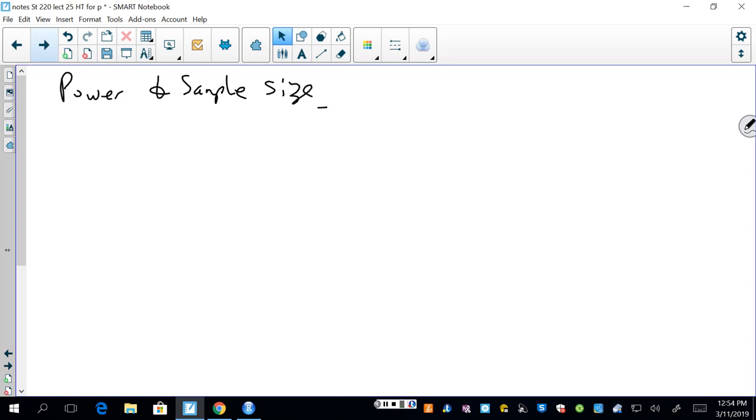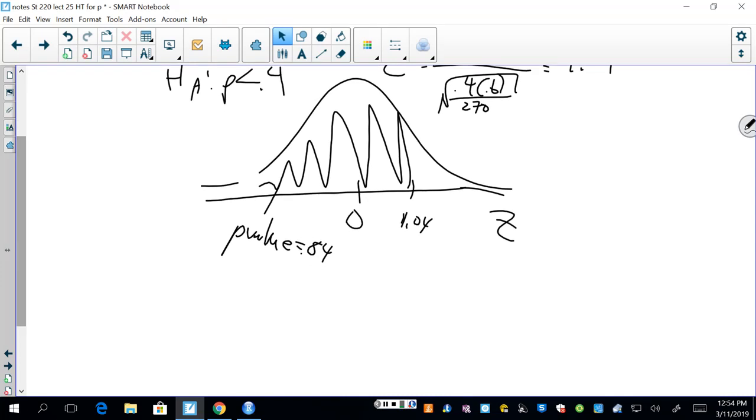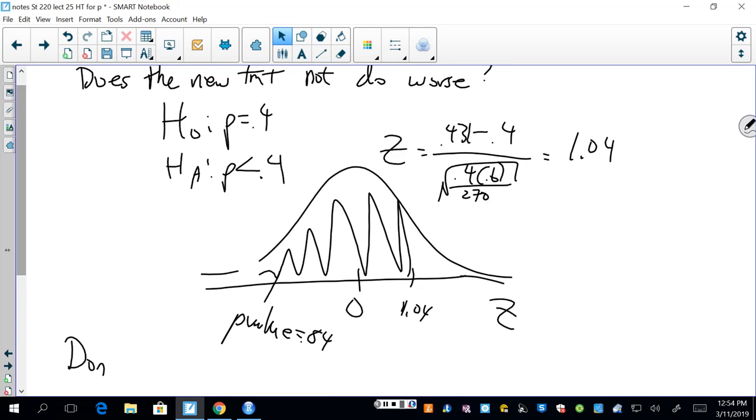Can you say that last sentence one more time? So because we did not reject the null hypothesis, the treatment was not better. In this case, we do not reject the null. And the alternative was that it's worse. Okay.